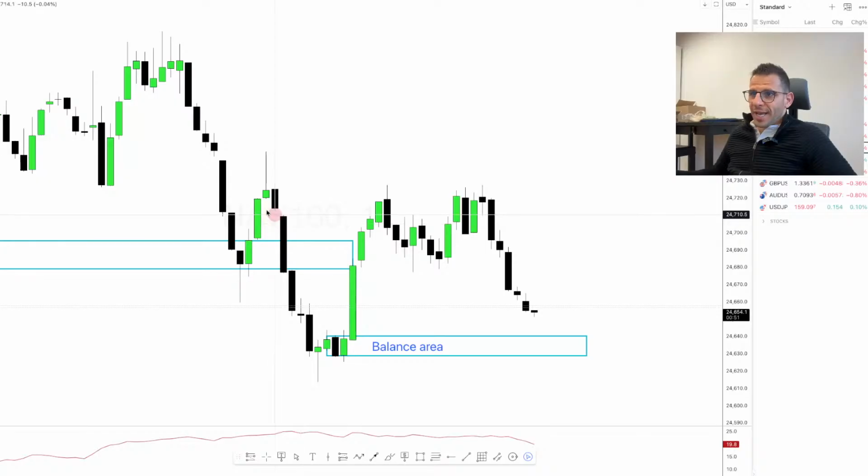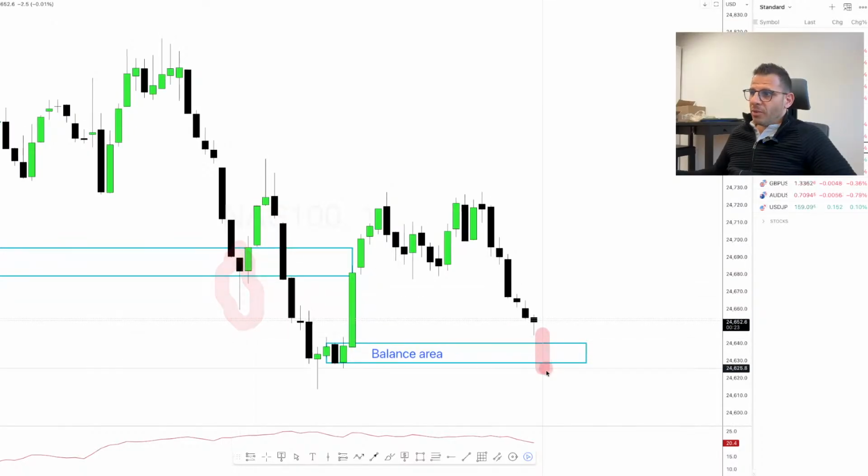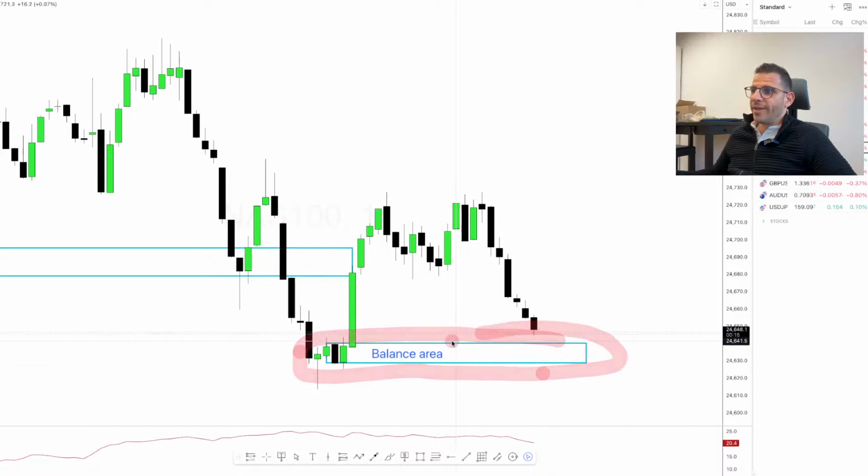You want to see a long black candlestick like this one, like that one: aggressive sellers pushing the price below and closing below this level. What you don't want to see is a candlestick like this, with a little bit of wick inside that box, because then the market will become a ranging market.